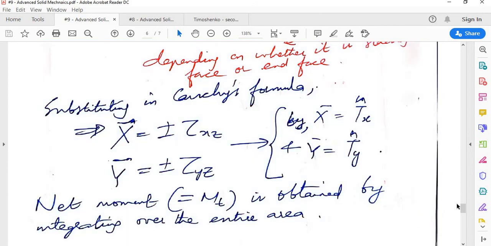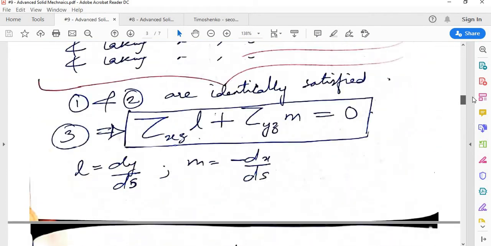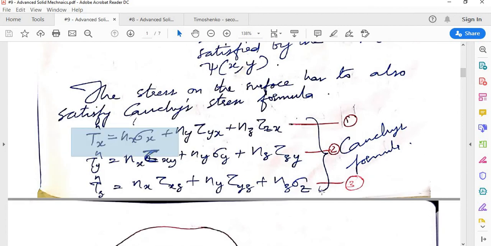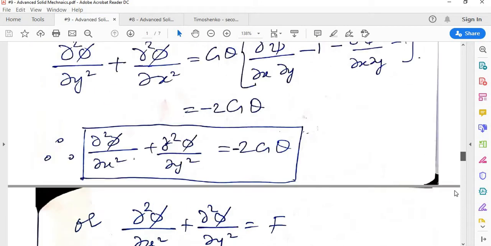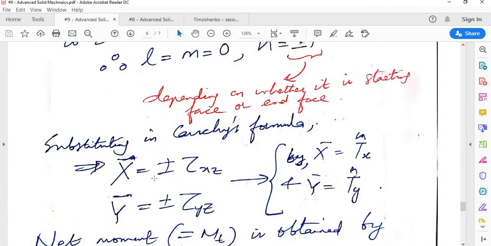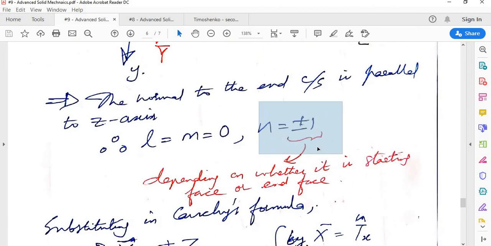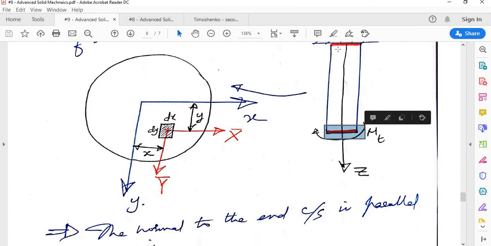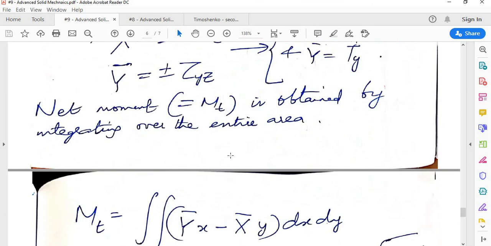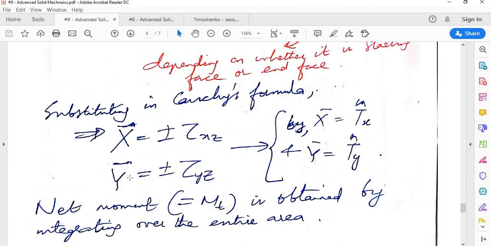You can just substitute it here. I have written plus or minus because, as I told you, n can be plus or minus depending upon which surface you are taking. So this is x and y.